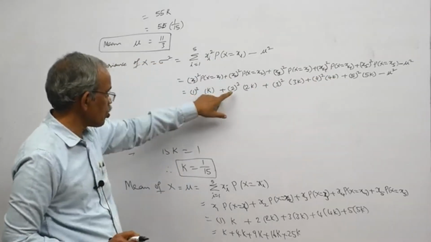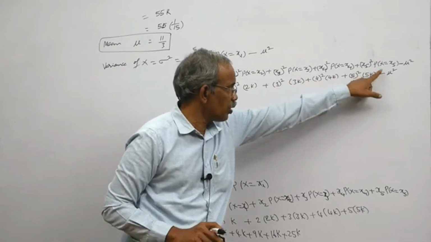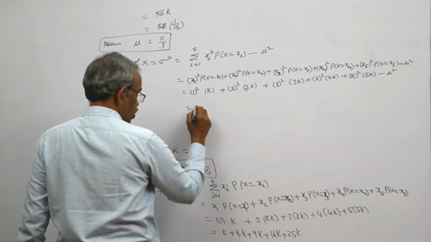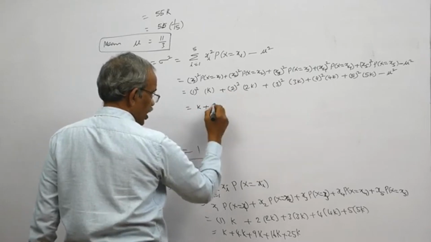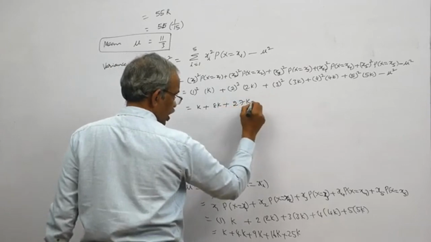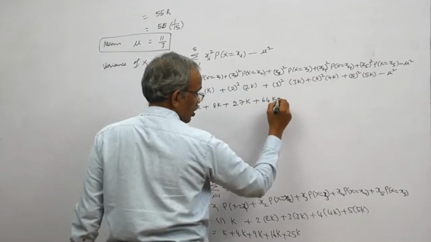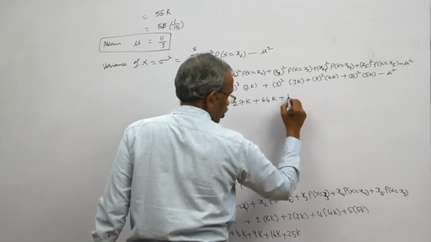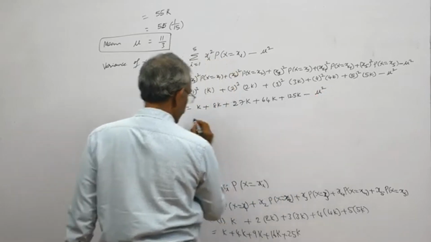Here x1 is 1, x2 is 2, x3 is 3, x4 is 4, x5 is 5, 5 square into 5k minus mu square. This is equal to 1 into k, 2 square 4, 4 into 2k is 8k, 3 square 9 into 3k is 27k, plus 4 square 16 into 4 is 64k, 25 into 5, that is 125k, minus mu square.